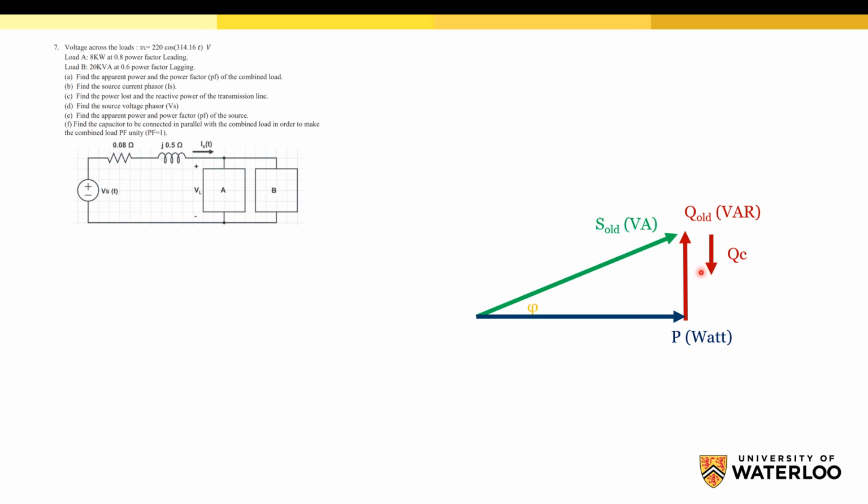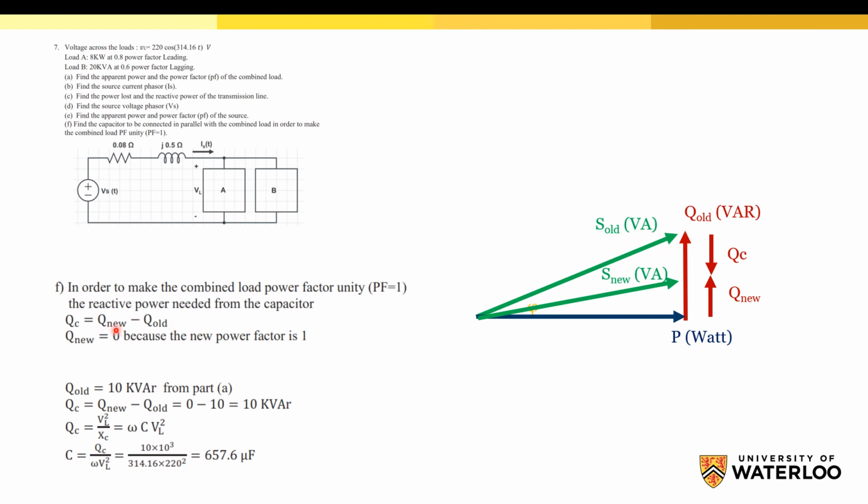So this is lagging and this is a leading reactive power. So this Q will be reduced to a new Q here, and then we will have a new S. In order to make it unity, which means that we don't need any Q, this Q new will be 0, then we should have QC equal to Q old.